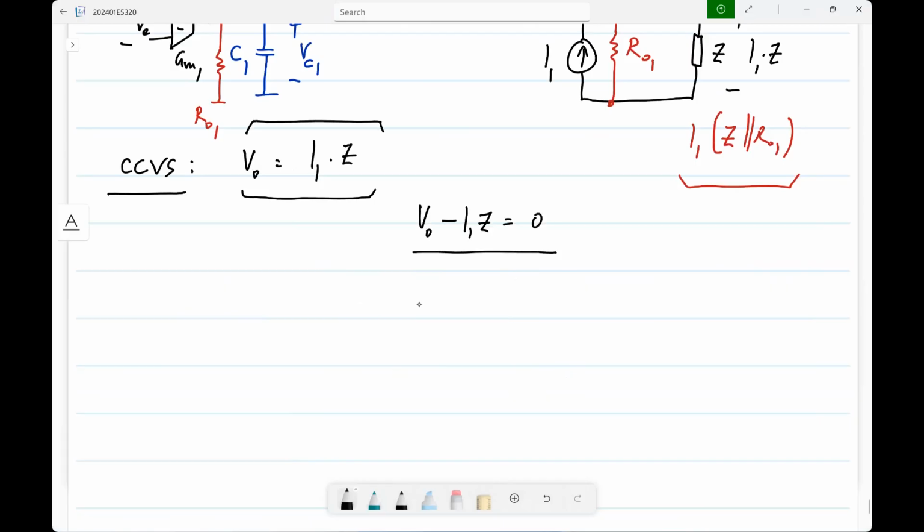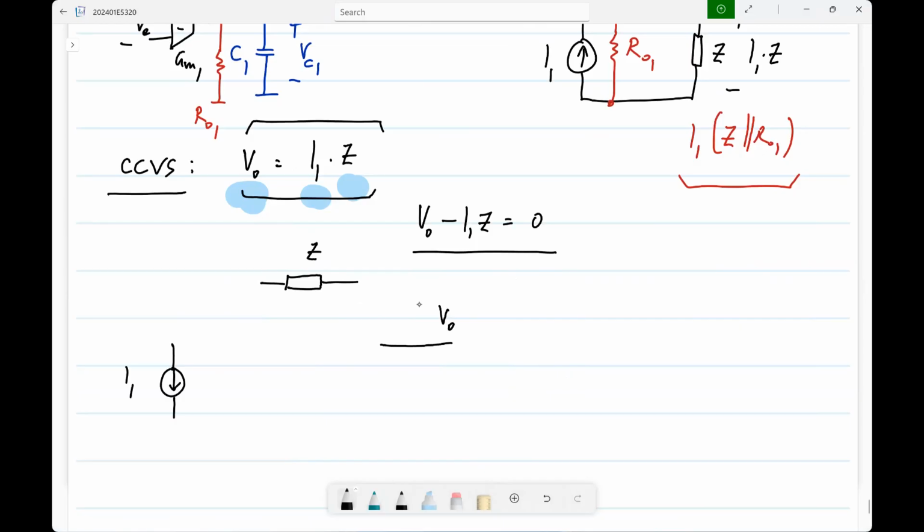So what does it mean? I have an input current I1, and somewhere in the circuit, I have to produce an output voltage V0. So let me mark those things. I have V0 here, and of course, this Z must be available because it's a dimensional quantity. So I have to have Z available in some form in the circuit, and I have the current I1 somewhere. So first of all, how do I get this V0 minus I1Z?